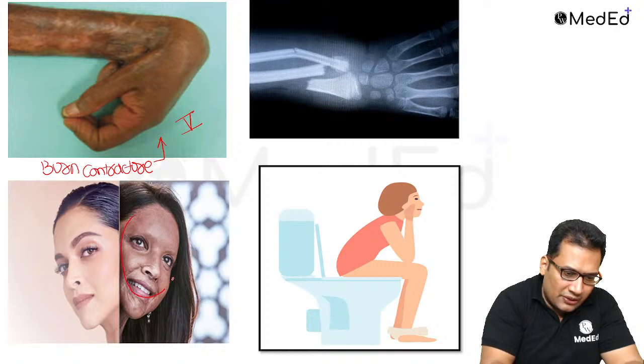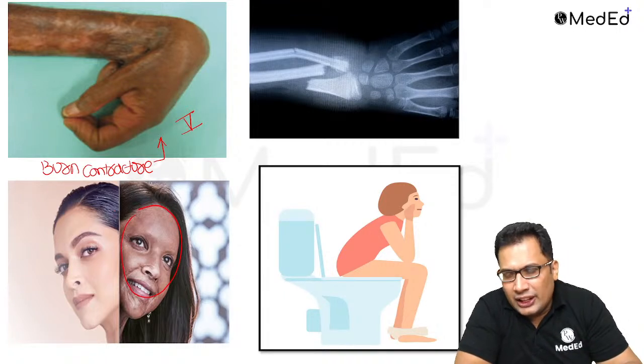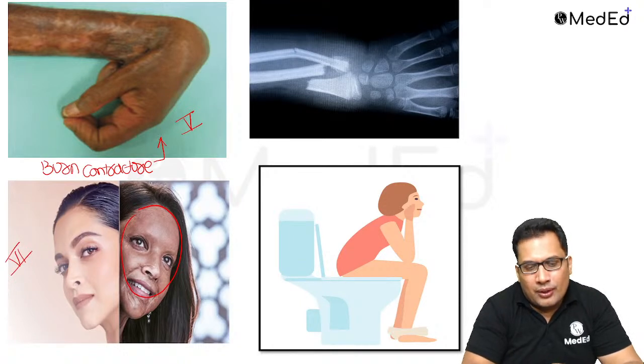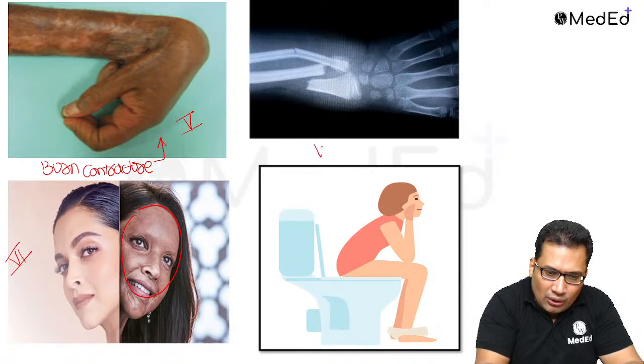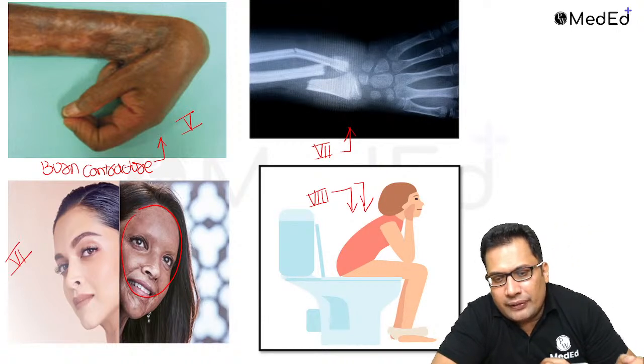Disfiguration of face, not due to an acid attack, maybe any injury, that is clause number 6. Fracture dislocation, that is clause number 7. Clause 8: the person is unable to do ordinary pursuits for about 15 days, can be grievous hurt.